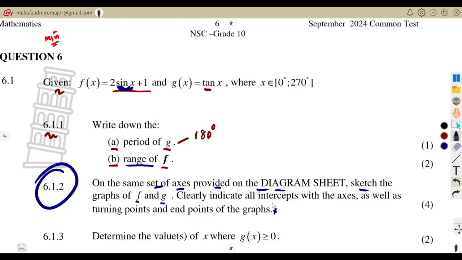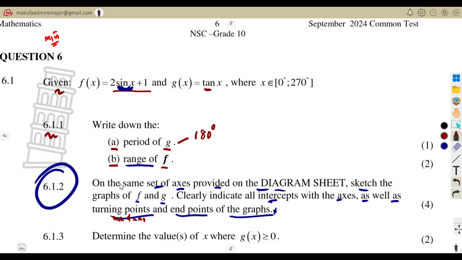Clearly indicate all intercepts with the axis as well as turning points and end points of the graphs. That is where we talk of the turning points there. That is where we're going to talk of what? The minimum and maximum value. That one is going to answer this question of the range. If you do not understand that way that I explained, you will leave a space when you are in exam. Do the second one, then you come back and answer this.